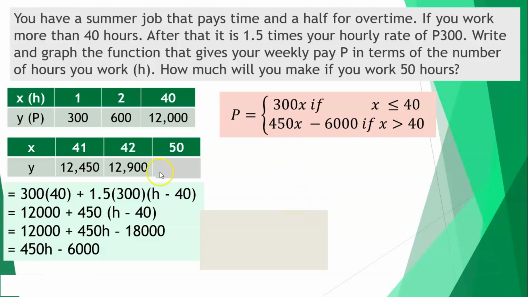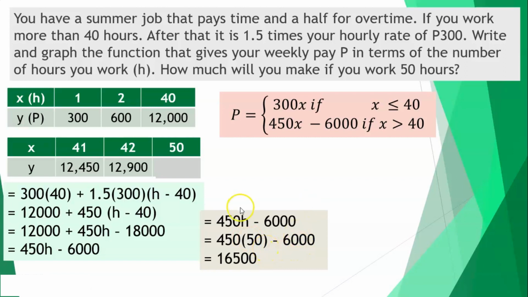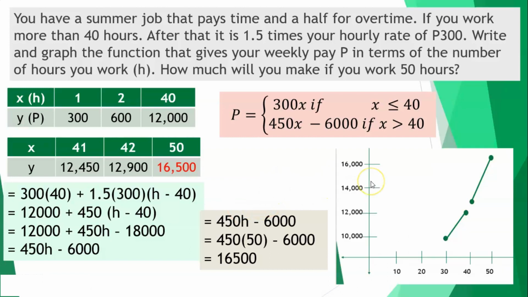So, what if you work for 50 hours? With this, we'll make use of the second function. 450 times 50 minus 6,000. So your pay by then is 16,500 pesos. Graphing this, this is the graph.